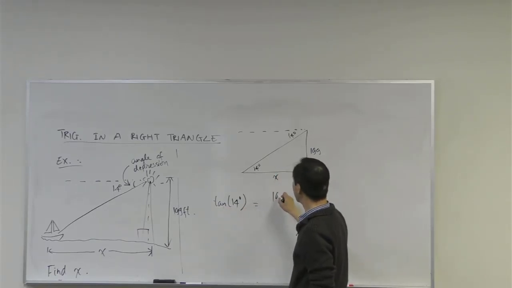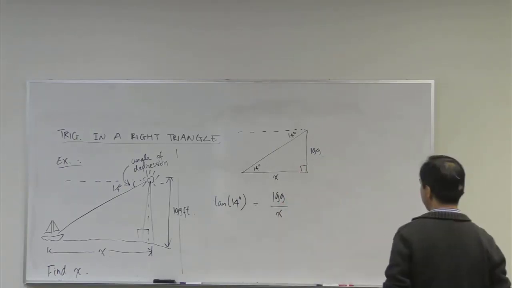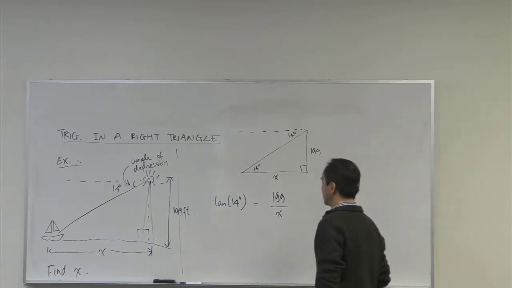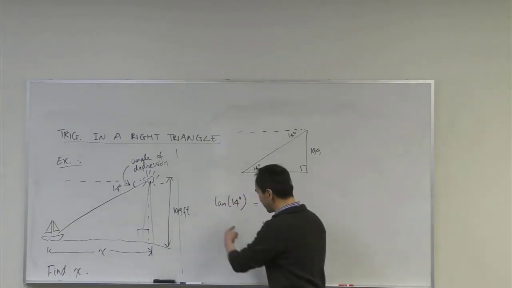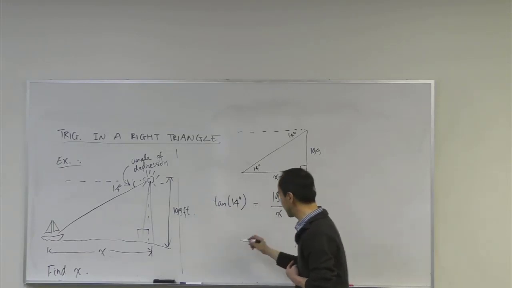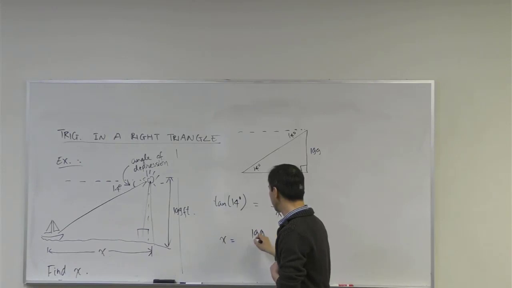So we're looking at 199 as opposite over adjacent being x. Now I'm going to rearrange this equation: multiply by x on the left-hand side and divide both sides by the tangent of 14, leaving x equals 199 divided by the tangent of 14 degrees.